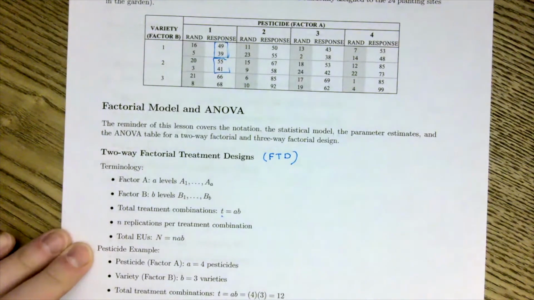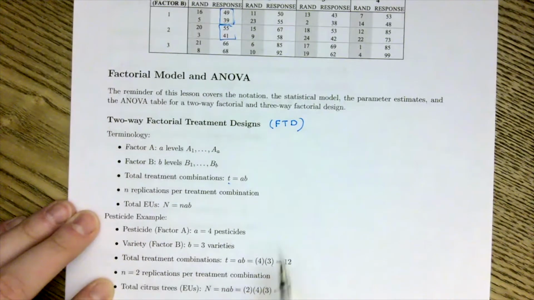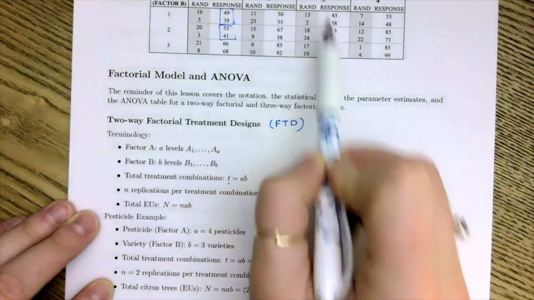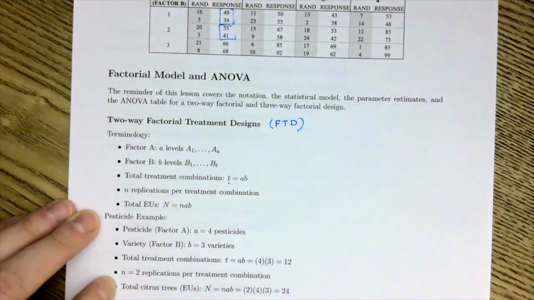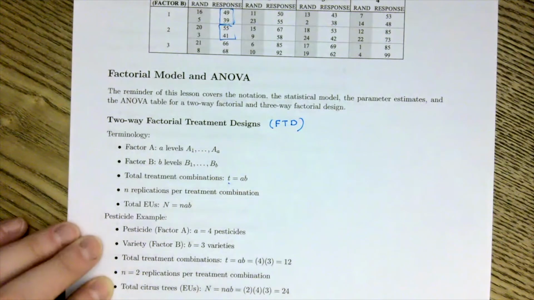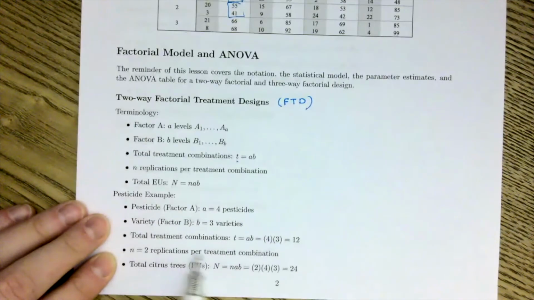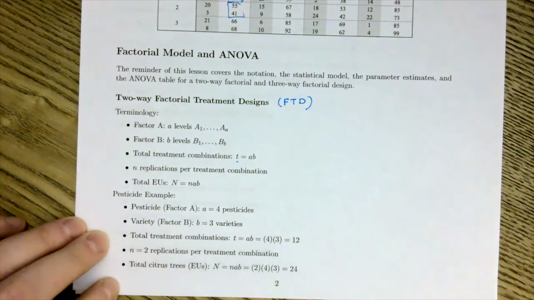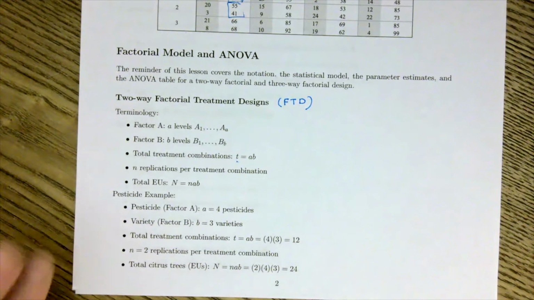Our total number of treatment combinations is 12 because we have 4 times 3, and we can also see we have 12 cell blocks. We have 2 replications per treatment combination, and so our total number of citrus trees is 24. Again, this is all going to relate back to our completely randomized design that we've talked about before, but rather than just having one treatment factor, we have 2 treatment factors.